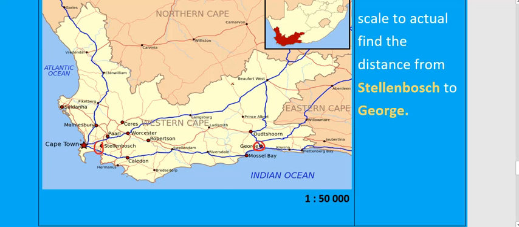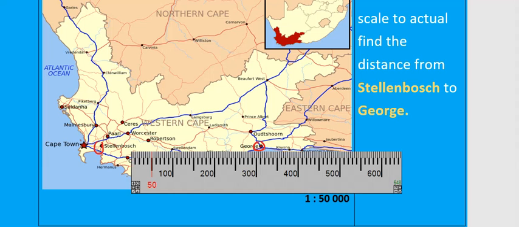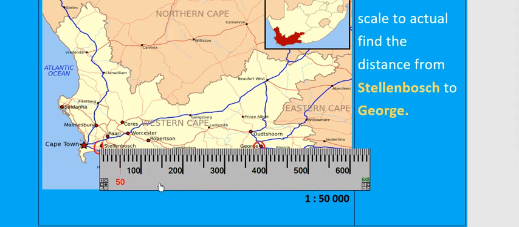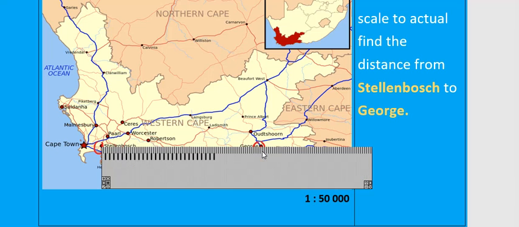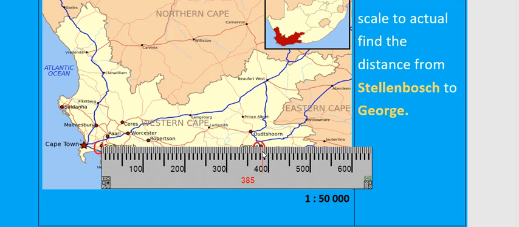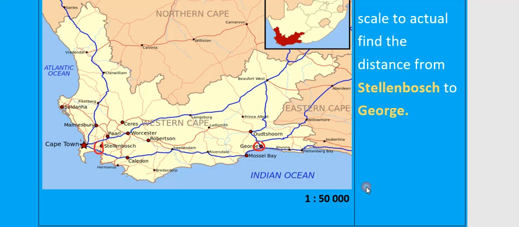All right, so before we can use our scale to find the distance, we first need to measure. Of course, you could do this using a ruler. So we measure the distance from Stellenbosch to George. It's about 385, more or less, millimeters.